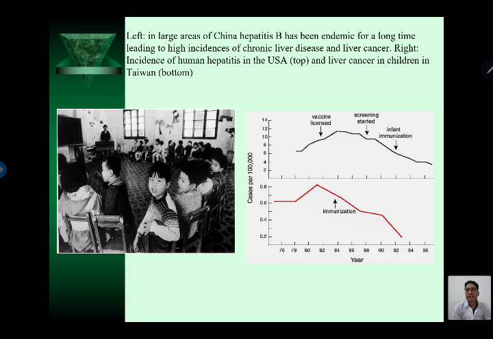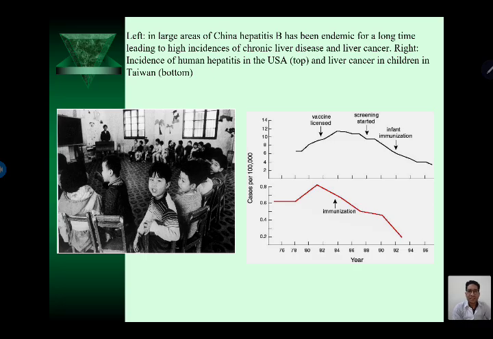On the other hand, in large areas of China hepatitis B has been endemic for a long time, leading to a high incidence of chronic liver disease and liver cancers. The incidence of human hepatitis in the USA and liver cancer in children in Taiwan is shown.